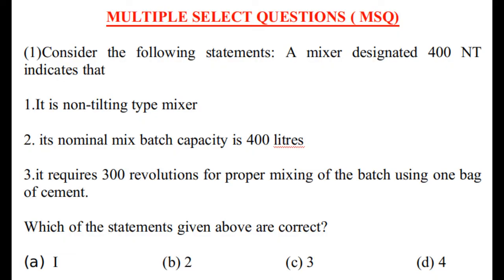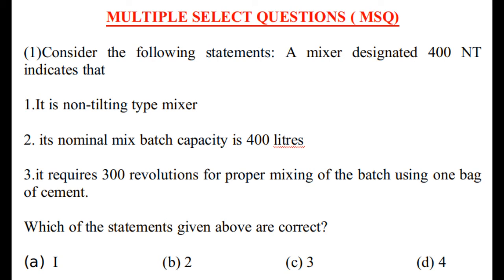Now I will discuss the multiple select questions. Let us have a look at the first question. Consider the following statements. A mixer designated 400 NT indicates that: 1, it is a non-tilting type mixer; 2, its nominal mix batch capacity is 400 liter; 3, it requires 300 revolutions for proper mixing of the batch using 1 bag of cement. Which of the statements given above are correct?